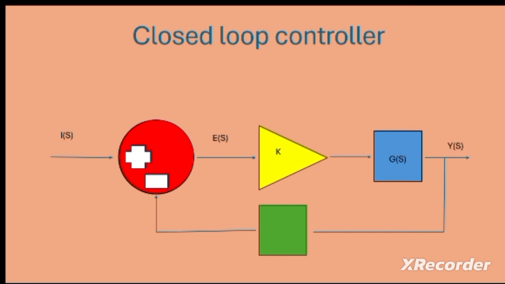Y of S is our output signal. B of S is our sensor, and whatever signal is going towards Y of S will also be going towards B of S, because both are in parallel with each other.